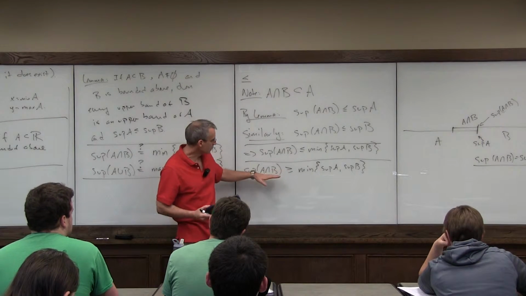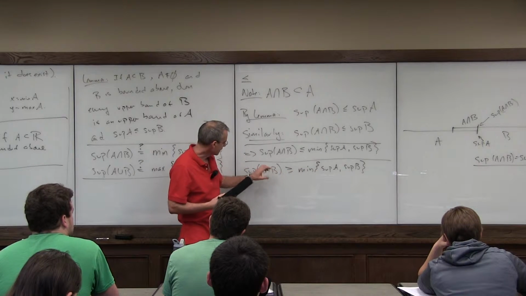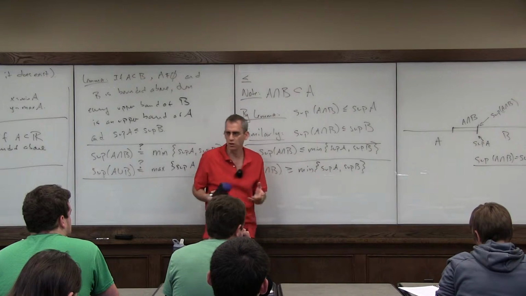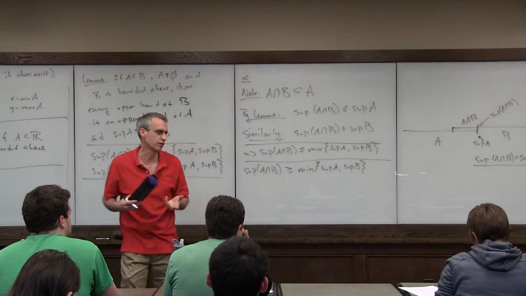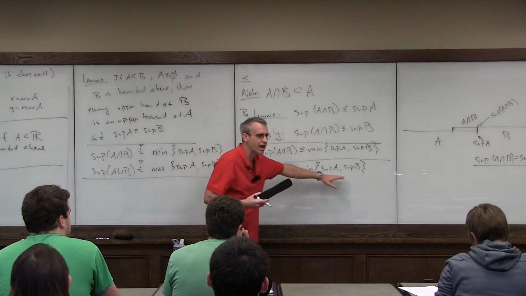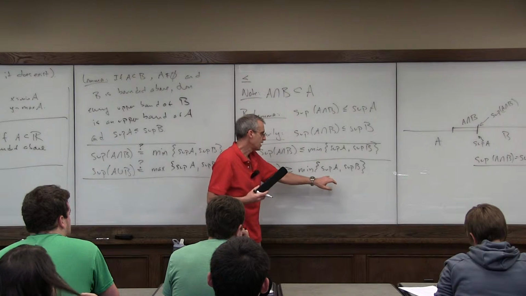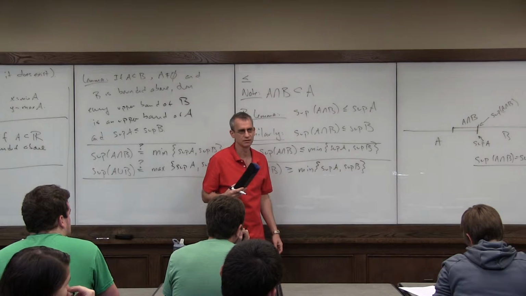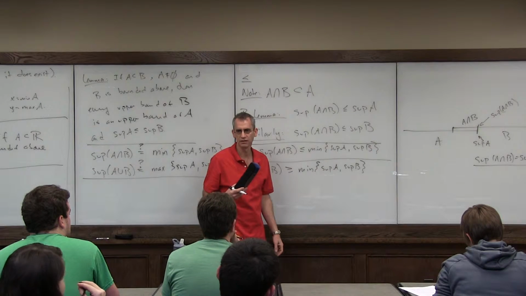The reason it's not going to work is that, if you want to show the sup is bigger than or equal to something, really the only way to do it is eventually to have those somethings in the set. And are these going to be in A and B? Necessarily?